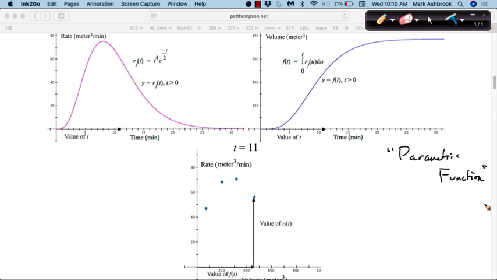So how is this different than the functions that we've been dealing with, like these individual functions? It's different in what we are modeling as the independent and the dependent thing.